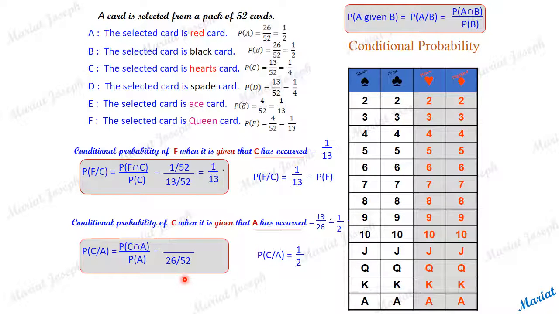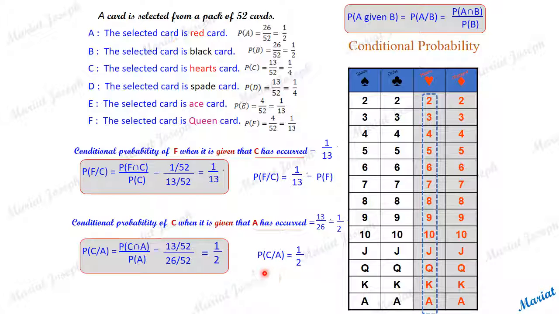And the common element to C and A, hearts and red. How many cards are hearts as well as red? These are the 13 cards which are hearts as well as red. So here we get the numerator 13 by 52. Simplified further, with 52 common in the denominator, 13 by 26 which is equal to half. We have calculated the conditional probability by the formula.